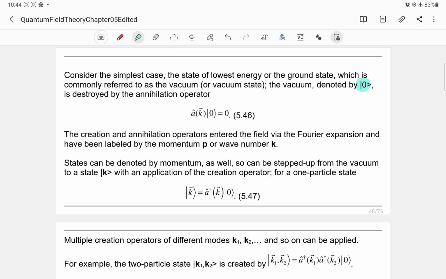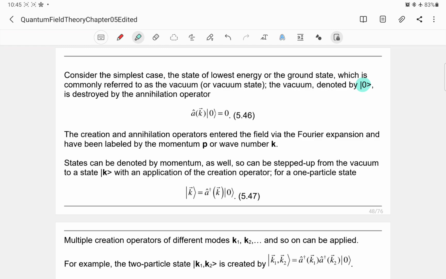Actually, there's no particle there, but the field is still there. And if you apply an annihilation operator, it becomes zero. It will destroy the field. The creation and annihilation operators enter the field by the Fourier expansion and have been labeled by the momentum p, or wave number k.